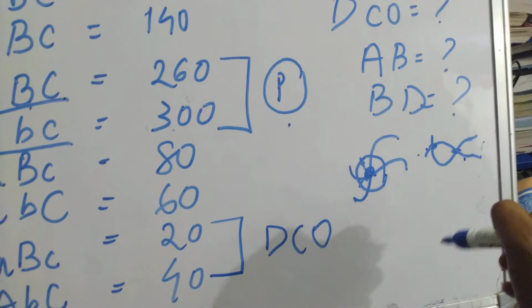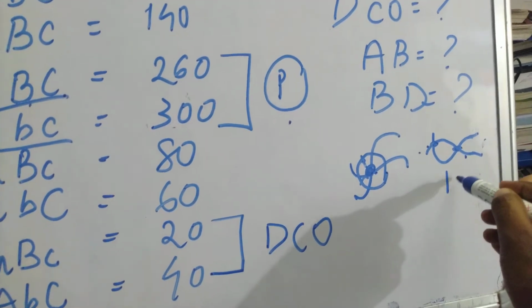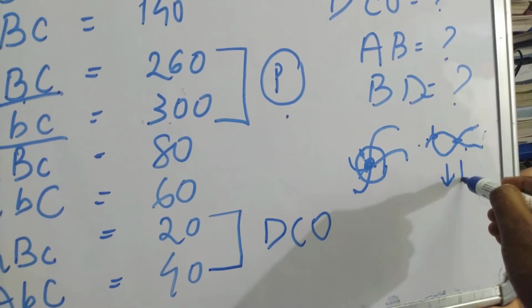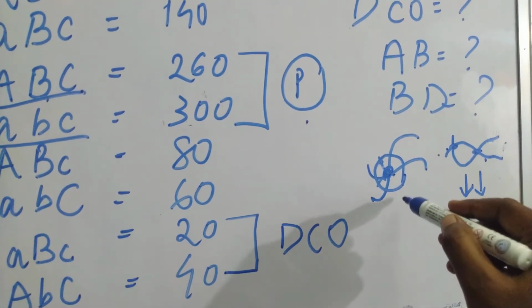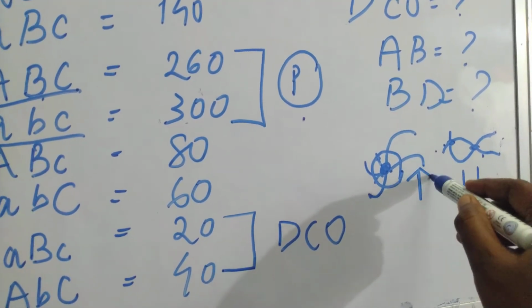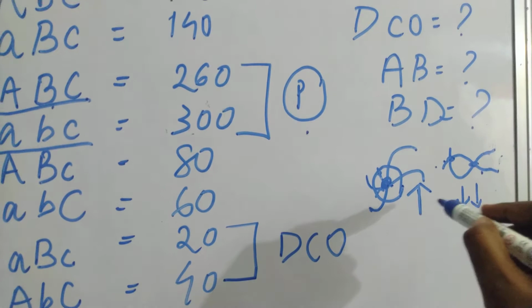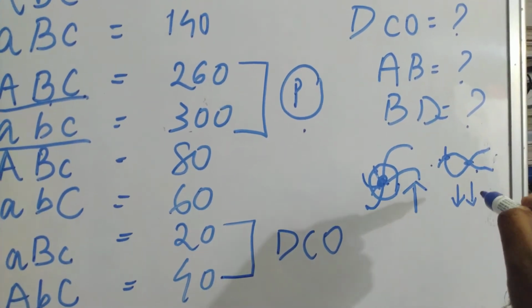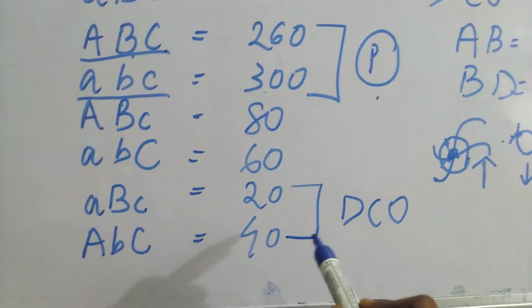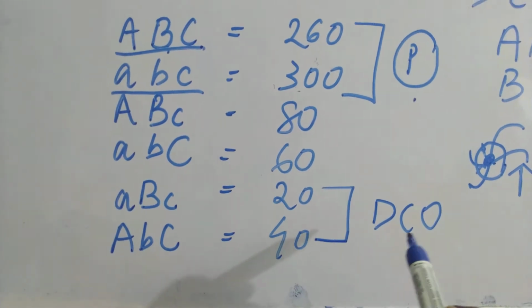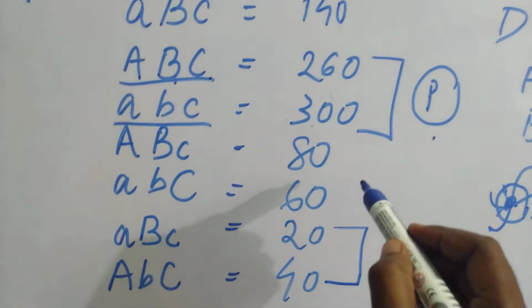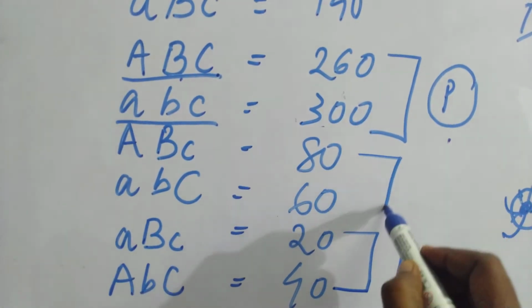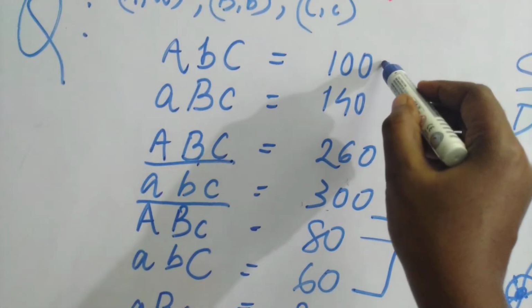So the chances of double crossing over are less, while the chances of single crossing over are high. So the smaller numbers you get are the double crossing over, and the remaining are single crossing over.